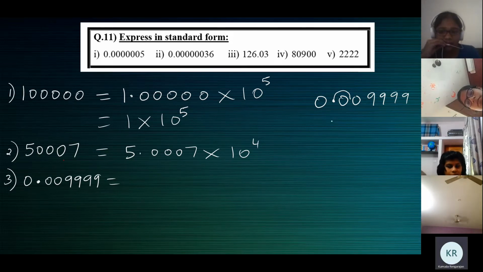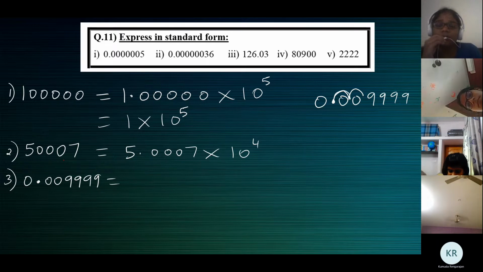No, you should apply the rule. Without applying the rule, if you're just saying what comes to your mind, you will be wrong. There is a procedure. Apply the procedure. The decimal point is here. You should shift it 1, 2. How many places should you shift to get a number more than 1 and less than 10? If you apply the rule correctly, you cannot go wrong.